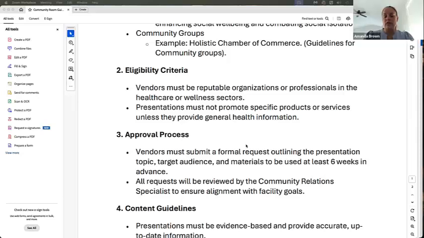Yes, in fact, those are probably going to be vetted less because they have less to do with actual healthcare. So it's a lot easier for those types of presentations to get approved. If it has anything to do with direct medicine or something that you ingest, that's going to be more strictly vetted by our doctors because that's something that our doctors would have to stand behind as well and recommend to our patients.